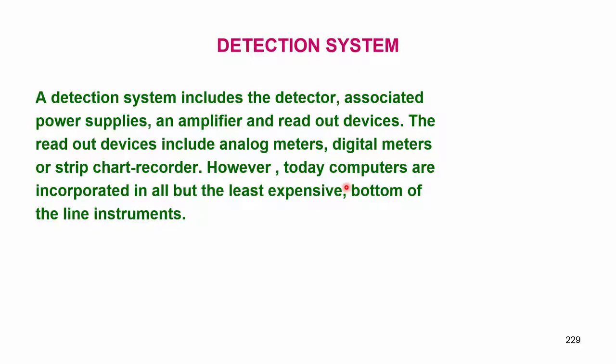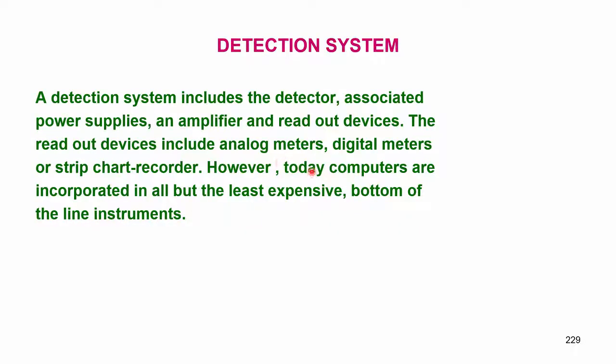The job of the detector is to collect the radiation, and we have discussed the detectors earlier during the introduction to atomic absorption after the atomic structure. The detection system includes the detectors, associated power supplies, amplifier and readout devices.